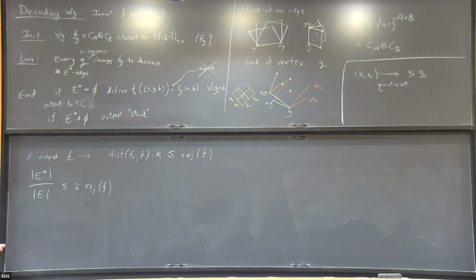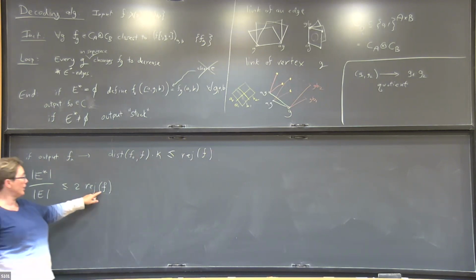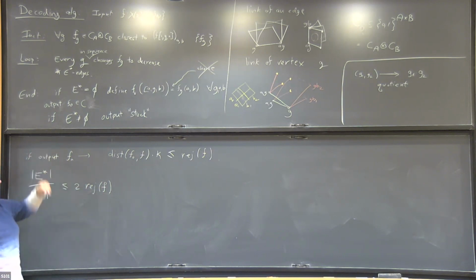Why is this true? This is F naught, the collection of local views. This is the initial F we got.